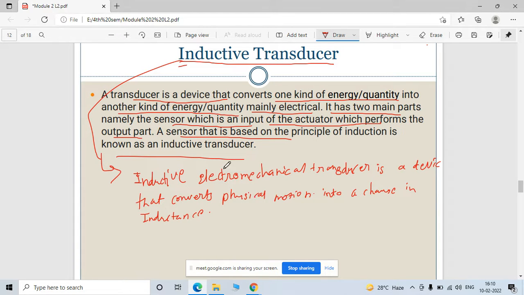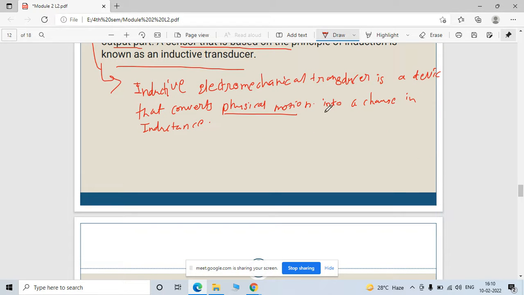This transducer works on this principle. Here we mainly convert physical motion into an electrical signal, and we are interested in the change in inductance. Here there will be a change in inductance.